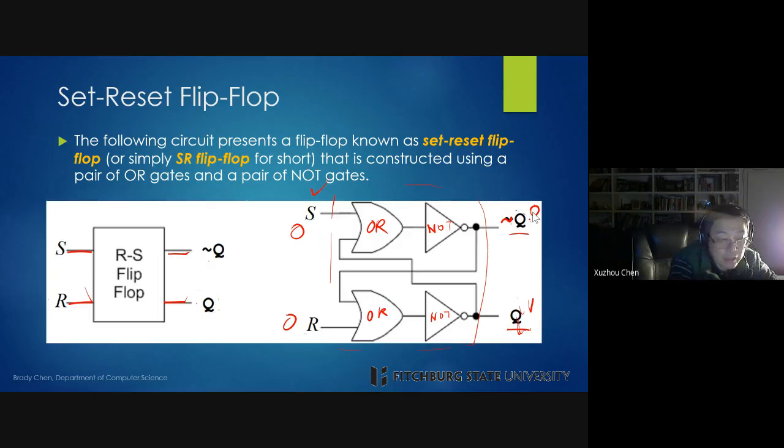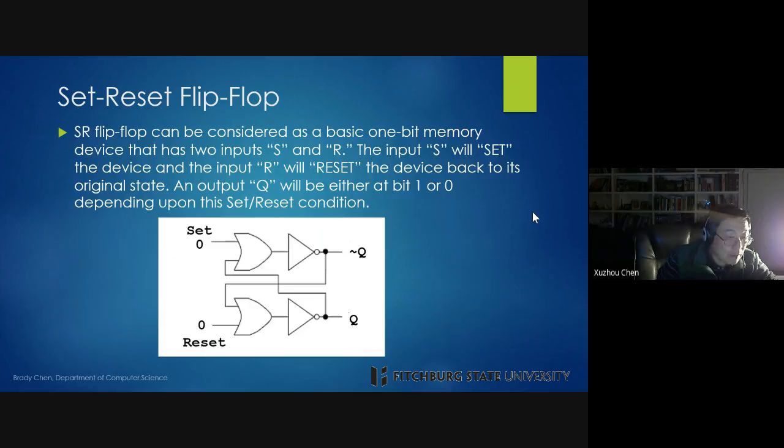Now, how can we use this as a storage? Let's take a look. Remember, initially both set and reset are 0. Now, if this is 0 and this is 0, what is the value for Q?